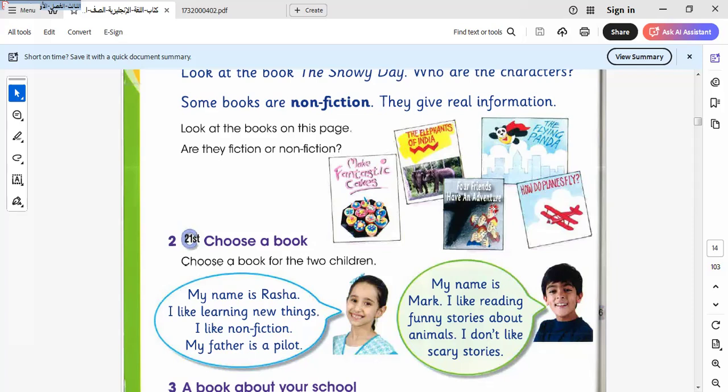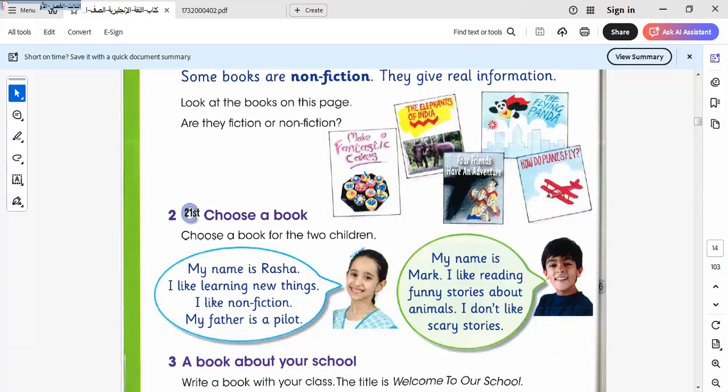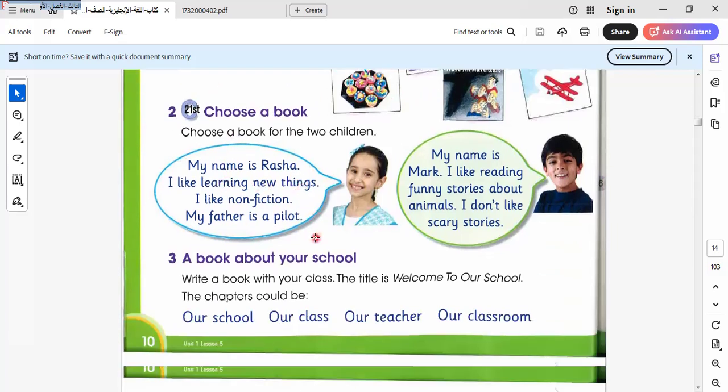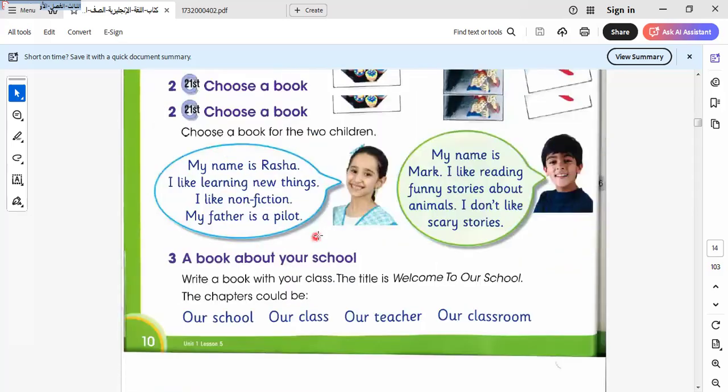After that, this invention came from the one who imagined, and then we invented something that we use now and know. Okay, so here we say non-fiction means real information.